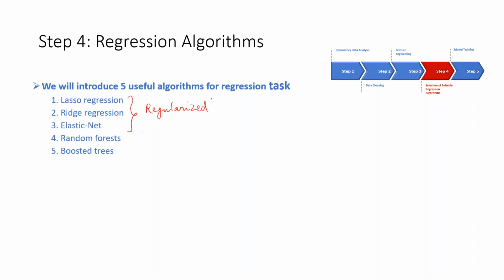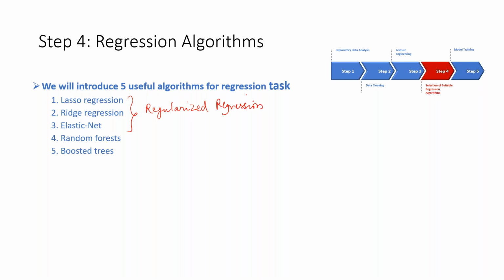We also covered some polynomial linear regression, but fundamentally both of them used a single linear regression algorithm. In fact, we imported the linear regression class from scikit-learn and then we used it. We have not used lasso, ridge, or elastic net in that project, but now we'll be using regularized regression algorithms. These are called regularized regression algorithms.